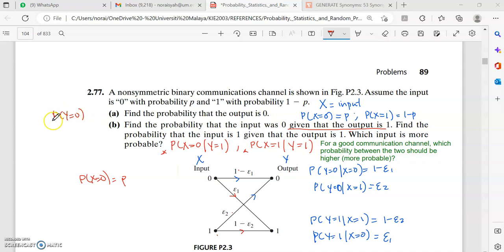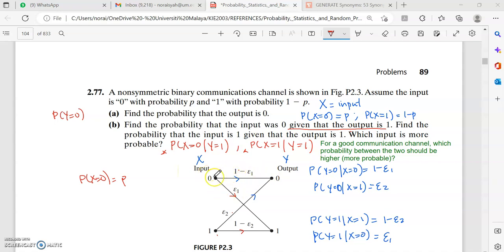For A, you are asked to find the probability that the output is 0. In other words, find the probability that y is equal to 0. If you look at the diagram here, it's important to understand what the values written on the branches mean. These are actually conditional probabilities. For example, this line connects input 0 and output 0, and the value written is 1 minus epsilon 1.